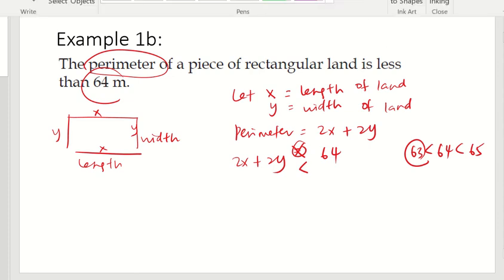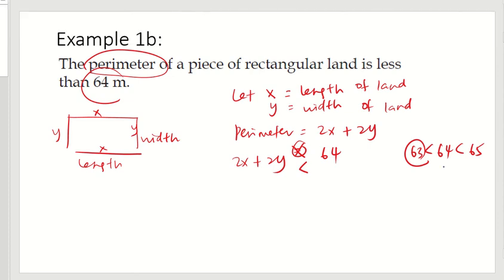Okay, another common mistake is, can I put meter here? Can I put the unit here? M? Pandai, sangat pandai. Letak M sendiri. No, for the inequality or the equation, we cannot put the unit. Unit is only for the final answer.